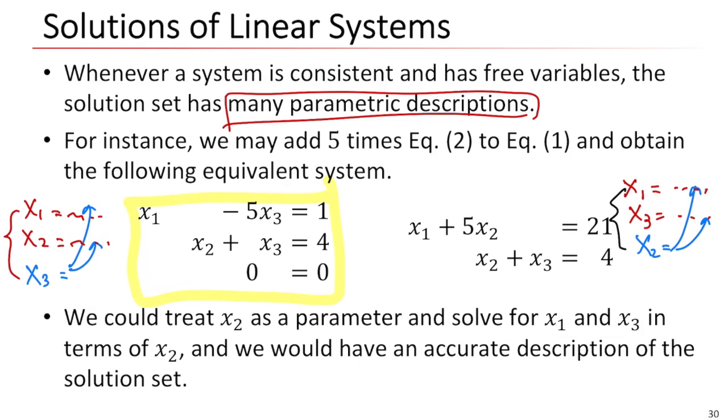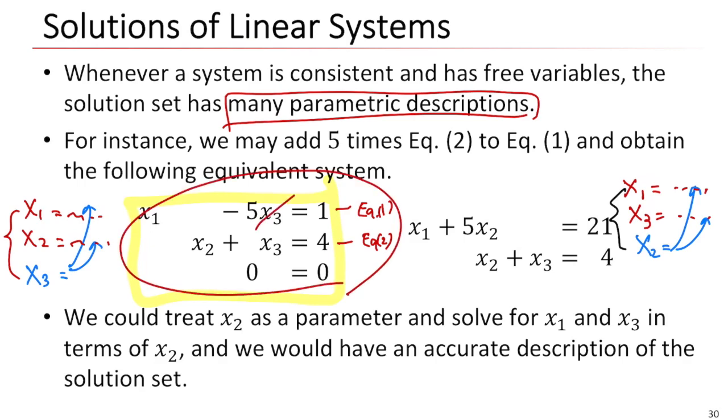Let's say this is equation 1, equation 2. In this equation we want to remove this part, and how can we do that? Equation 1 plus 5 times equation 2.